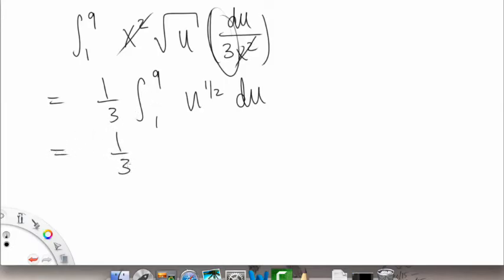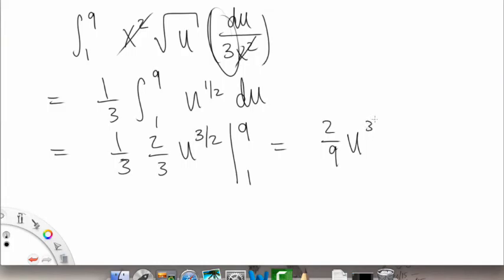Now that we're here, we can continue integrating like normal. We have a normal single variable integration going on. This is going to be u to the 3 over 2 when we add 1 to the power, and we multiply by the reciprocal in front, evaluating from 1 to 9 as u goes from 1 to 9. So this is 2 over 9, u to the 3/2 power, from 1 to 9.